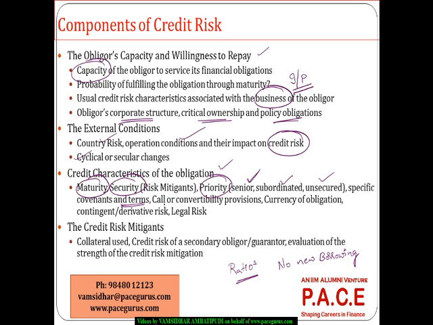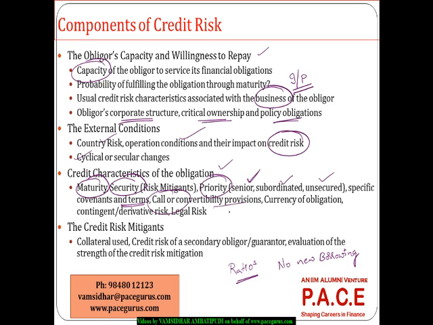And we are also talking about call or convertibility provisions, which are there with the bonds. A callable bond is something that the issuer can call back for a predefined price at a future date. He will generally do it when it is favorable to the borrower.